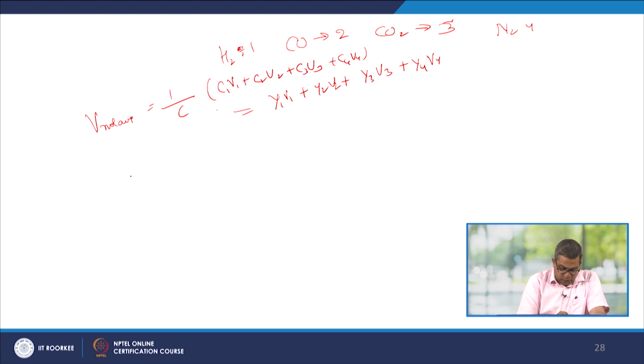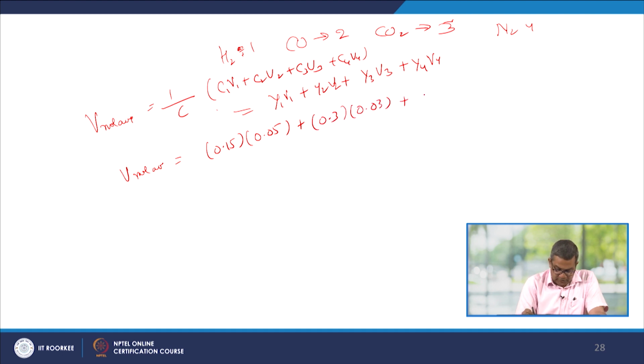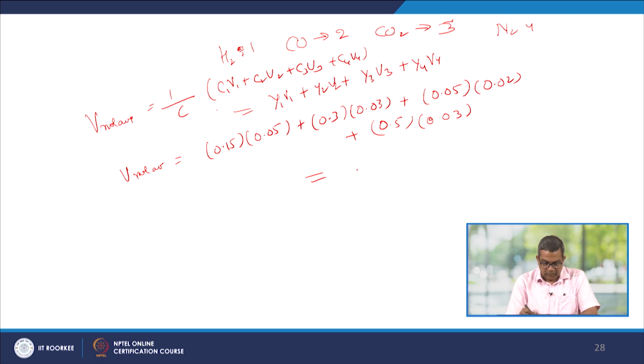If we put the values, then V can be given as 0.15 into 0.05 plus 0.3 into 0.03 plus 0.05 into 0.02 plus 0.5 into 0.03, and this comes out to be 0.0325 meter per second.